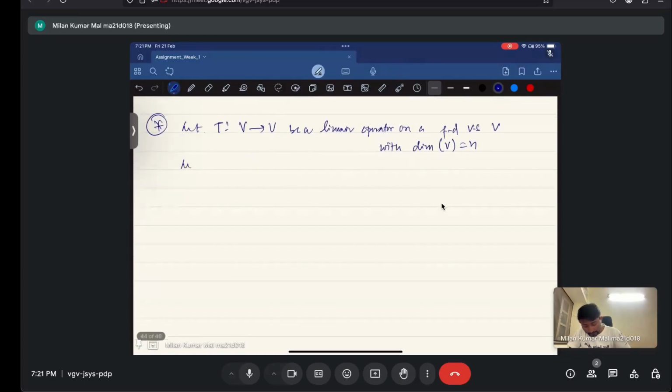And let A belonging to n by n matrices over the field F be the matrix representation of T with respect to an ordered basis.